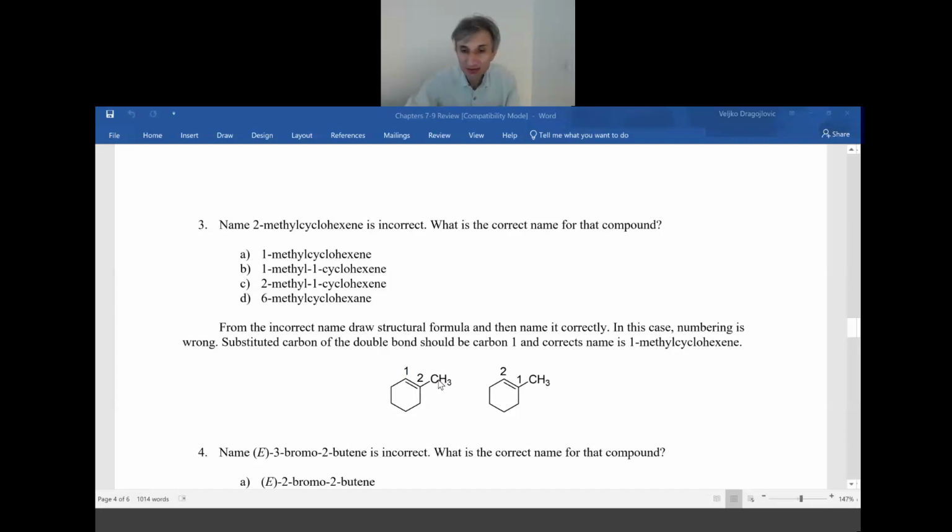And then you name it correctly. Carbon 1 has the methyl group. So it's 1-methylcyclohexene, because nomenclature rules state that the carbon of the double bond that is substituted is carbon 1. And so that's 1-methylcyclohexene.